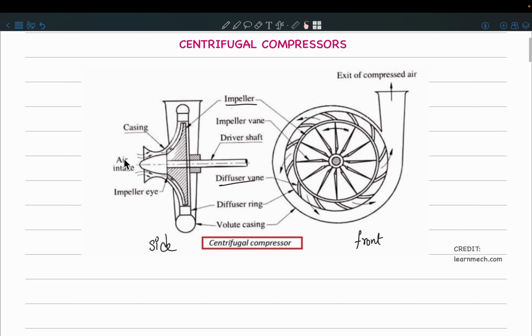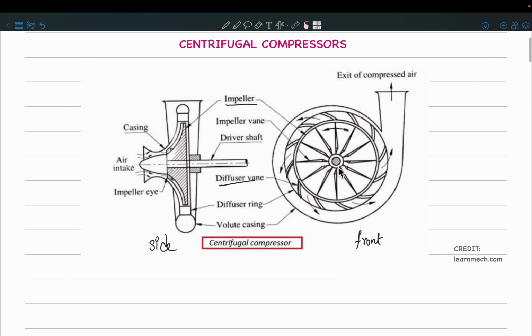In this process, first the air undergoes rotation in the impeller section, and then in the diffuser vanes, if you concentrate on this vane and then this vane, you can see that the area is increasing. So the flow velocity is going to decrease, the kinetic energy will decrease, and the pressure energy is going to increase. But in the impeller, the kinetic energy is increasing.